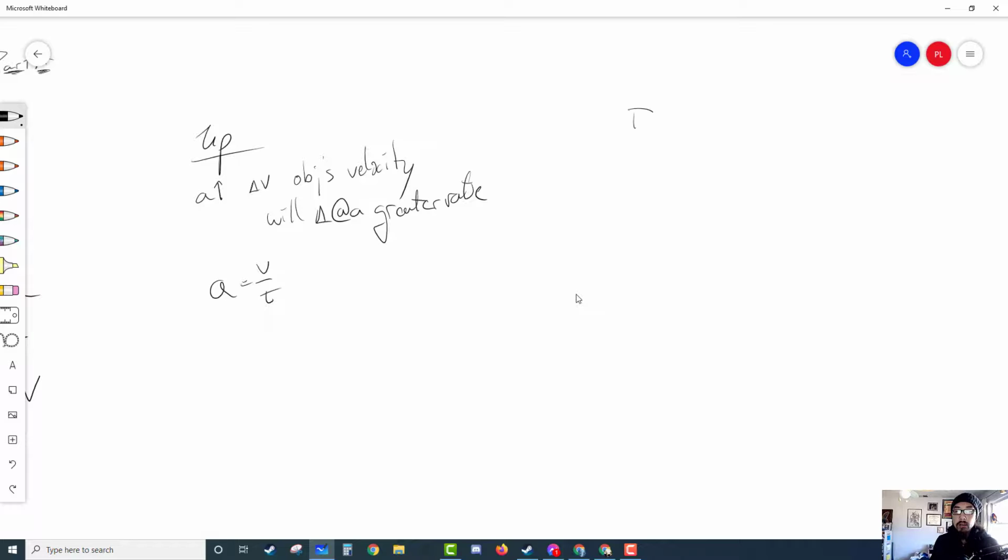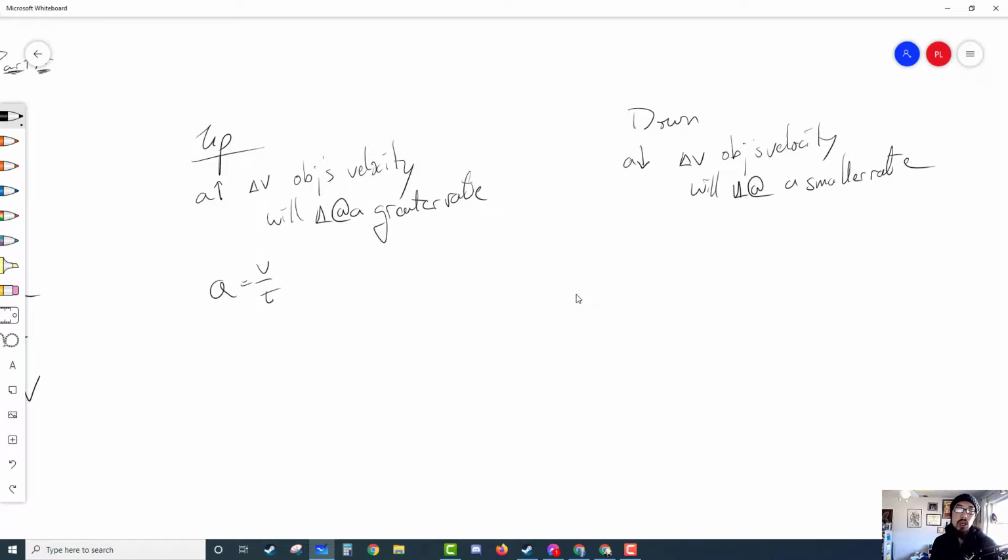It's not the cleanest explanation, but I'll show you how we can use that equation to really get to our answer. All right, now going down, we know that there was a smaller acceleration, okay? Therefore, the object's velocity will change at a smaller rate, okay?